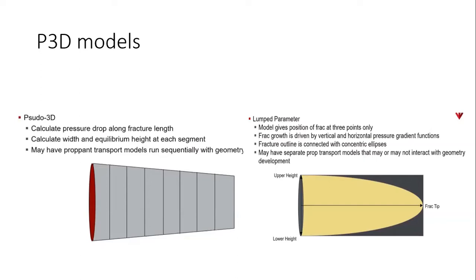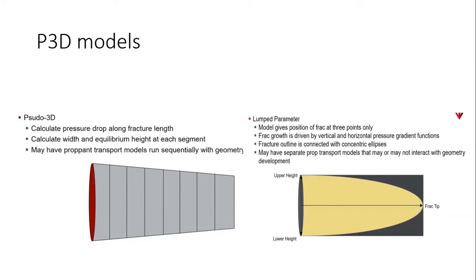Once the net pressure increases, it assumes propagation in length. But both of them have a lot of simplification, simply because they assume the pay zone has only one geomechanical parameter. So there is some averaging of reservoir properties.